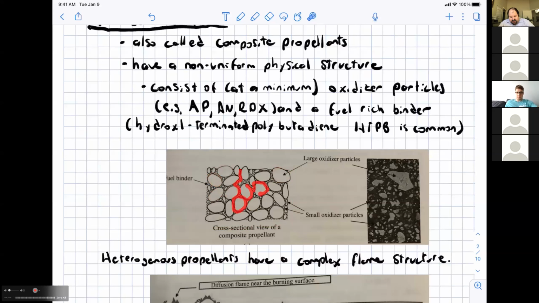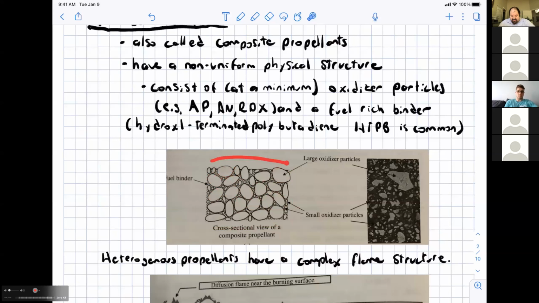So this fuel binder basically gives the oxidizing crystals structural integrity and holds them in place. And also, if the oxygen balance for the oxidizing crystal is positive, the fuel binder is designed to add extra fuel to it, so that the overall oxygen balance of the propellant is as neutral as possible, okay, which isn't always possible.